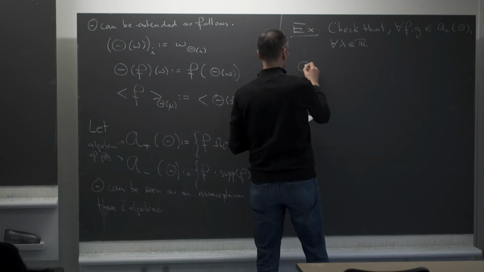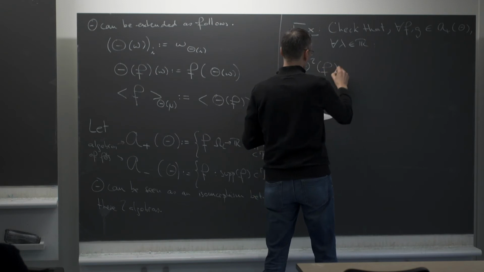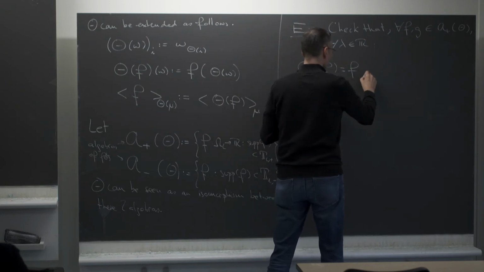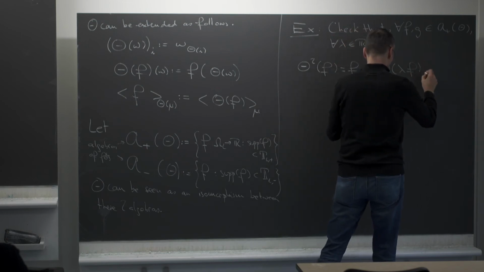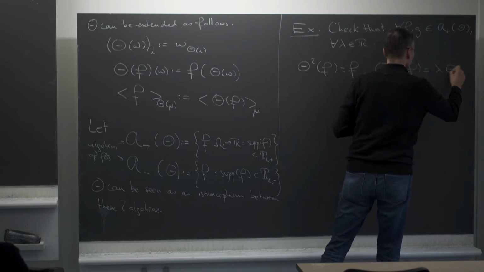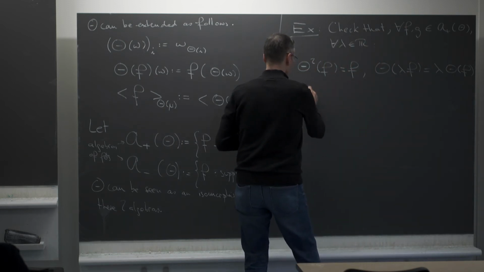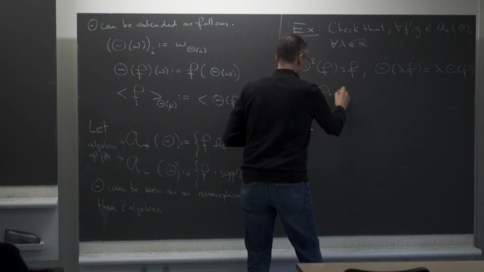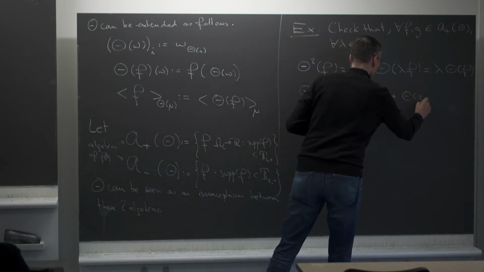So I have that theta squared of f is f. Okay, that's pretty obvious. Theta of lambda f is lambda theta of f. Theta of f plus g is theta of f plus theta of g.